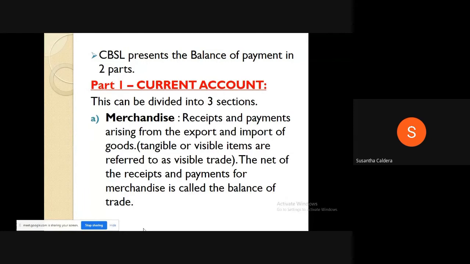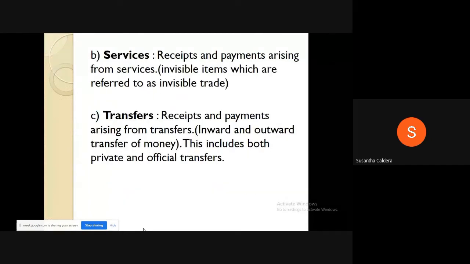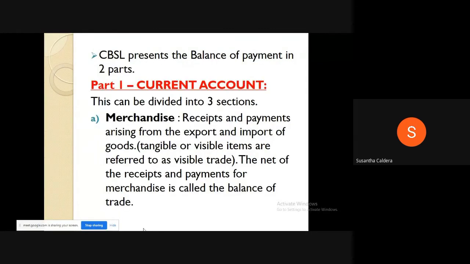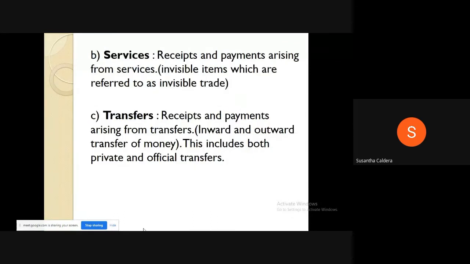Right? Then services. I said the current account can be divided into 3 sections. One is merchandise. The second one is services. Services are receipts and payments arising from services.